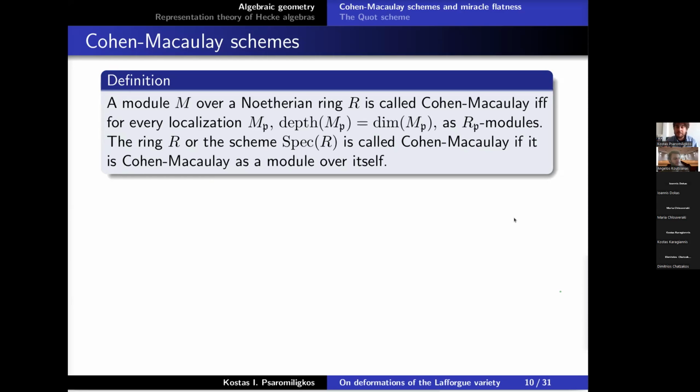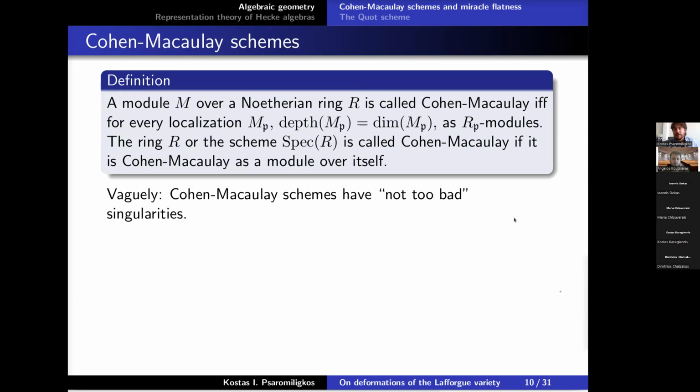So the depth is generally less than or equal to the dimension, but for very singular spaces, they cannot be equal. We call a ring Cohen-Macaulay if the two different notions of dimension agree. So vaguely, they do not have too bad singularities, these Cohen-Macaulay schemes.